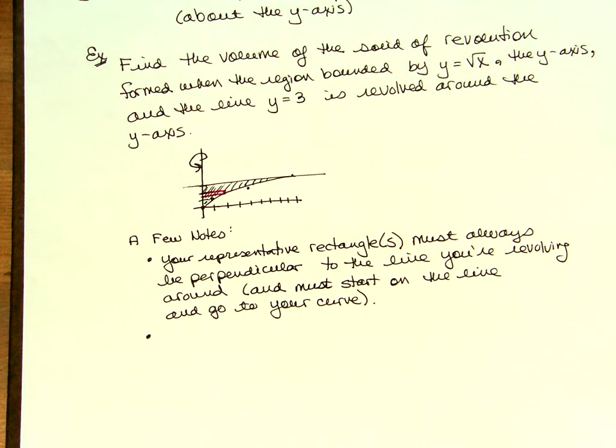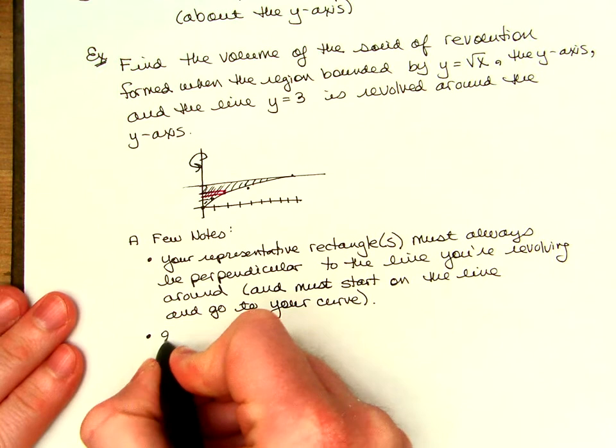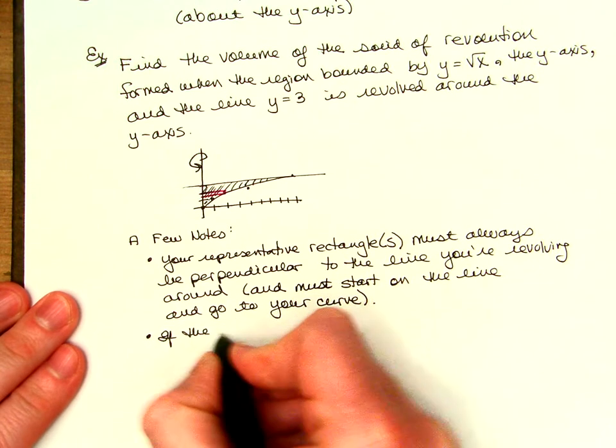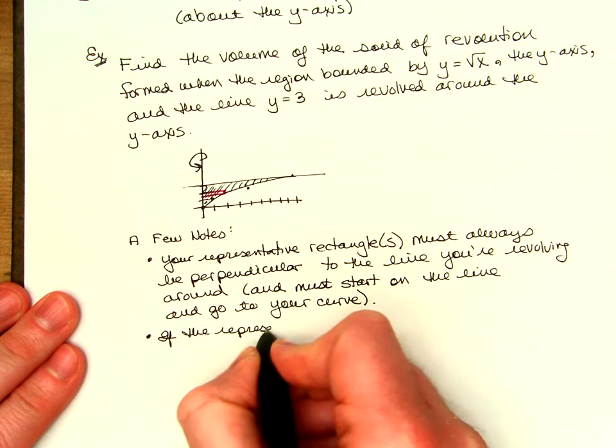Next, if your representative rectangles are vertical, we are going to deal with functions of x and integrate over the x values just like we did last time.